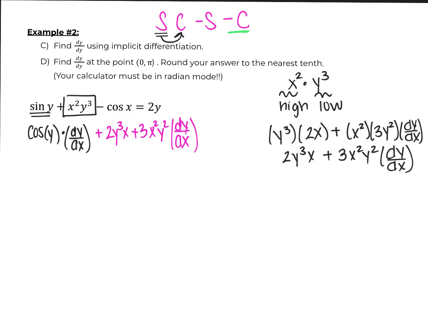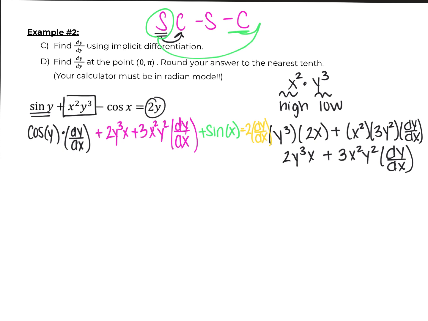If I'm here at negative cos, I can't go right anymore, so I have to go back to the beginning. The derivative of negative cos is positive sine. And then last but not least, I have the derivative of 2y. The derivative of 2y is simply 2. But since I took the derivative of y, I need to multiply it by dy over dx.